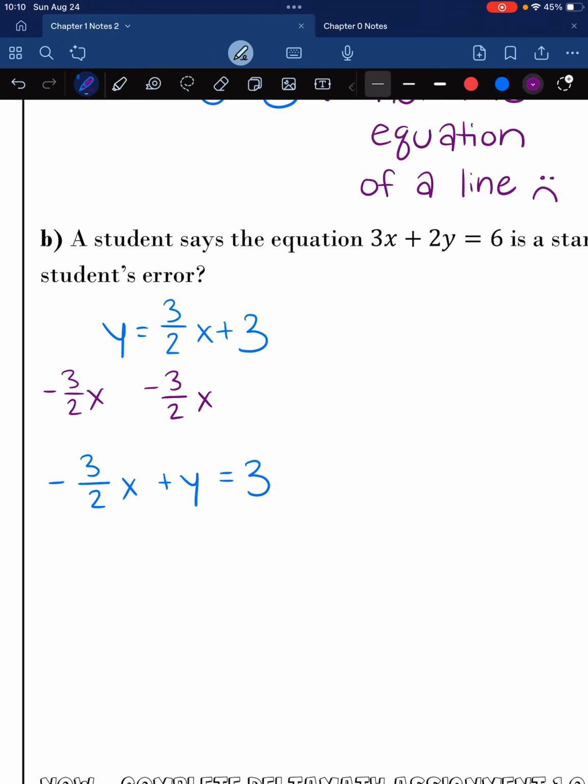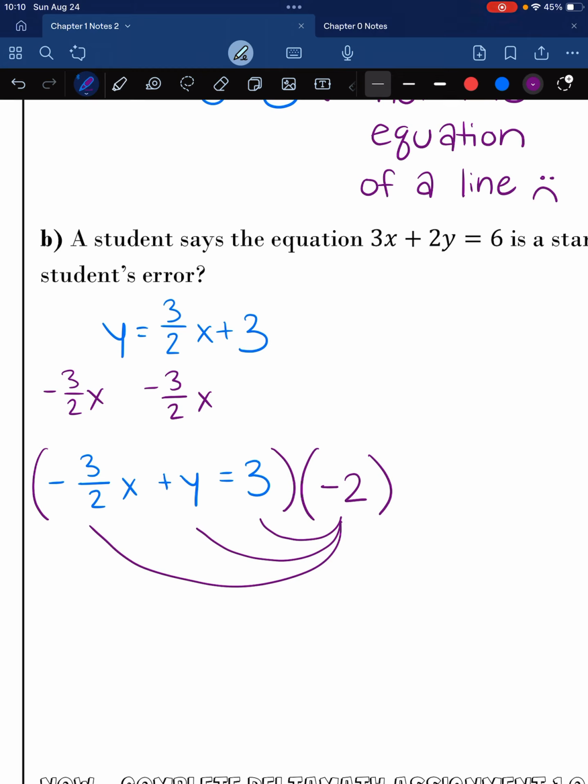Okay, but we've never had to deal with a fraction, so the question is, what do I do? And in order to get rid of this fraction, we really just need to get rid of this denominator. So if I multiply everything by 2, and I'm actually going to be sneaky, I'm going to multiply everything by -2, because I also know that I don't want this negative sign in front. So I'm going to multiply everything by -2 and distribute that.